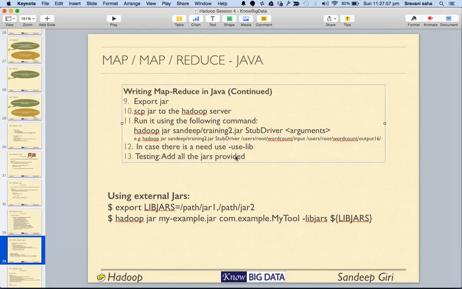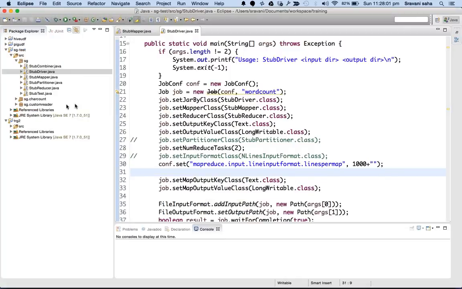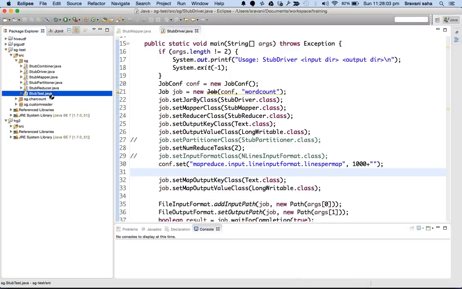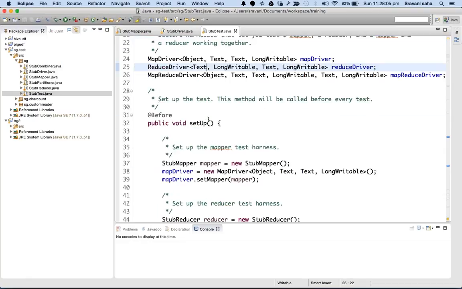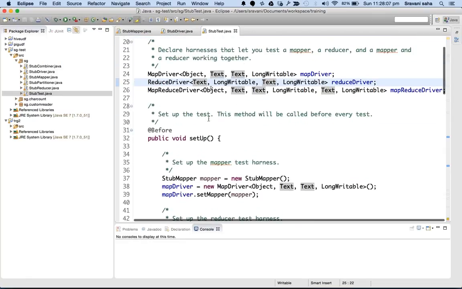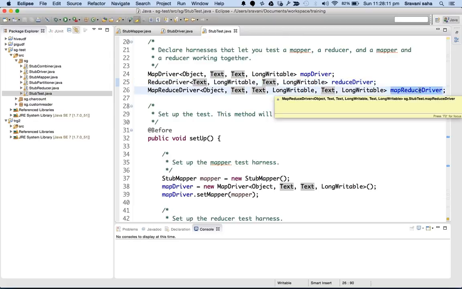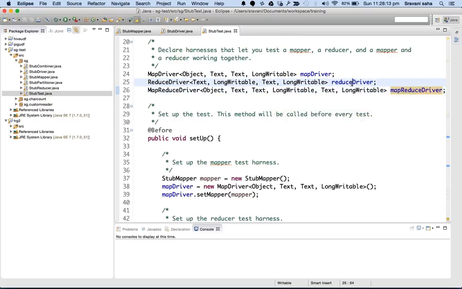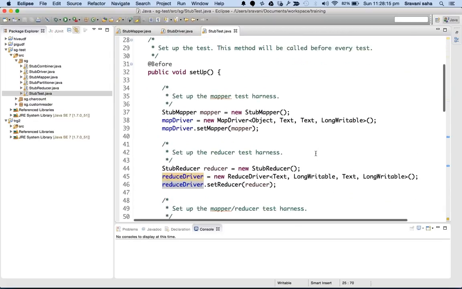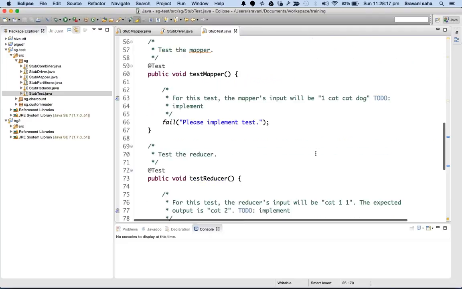All right. So one more thing I wanted to show you is that you can write your stub test. Have a look at the stub test. Basically, we are creating a dummy map reduce driver here. This dummy map reduce driver runs my map reduce code just like that.